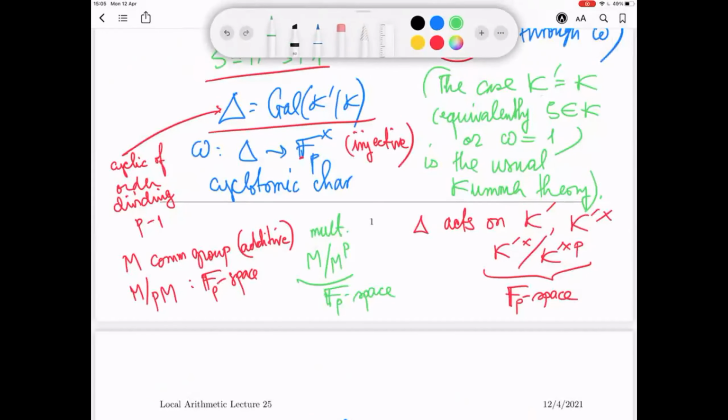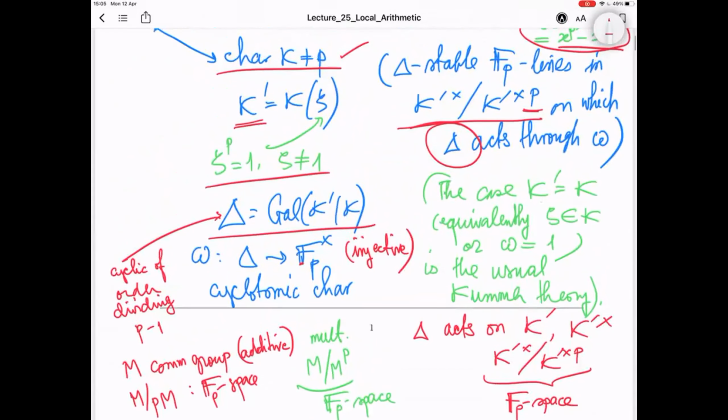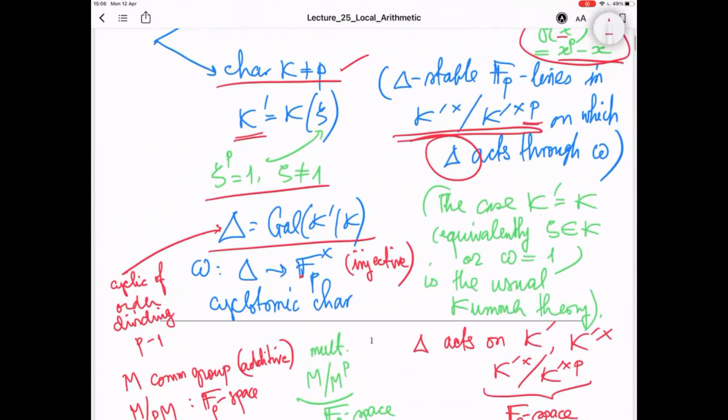Okay, so you have this F_p space. Inside it are some lines. And there are lines which are delta stable, and there are lines which are not delta stable. So the set of delta stable F_p lines in this F_p space, and moreover, the ones on which delta acts through omega.